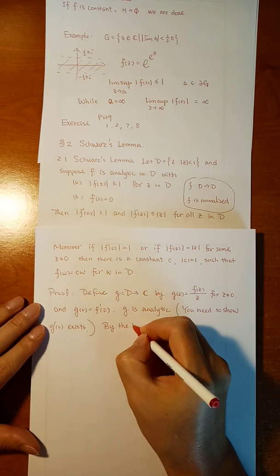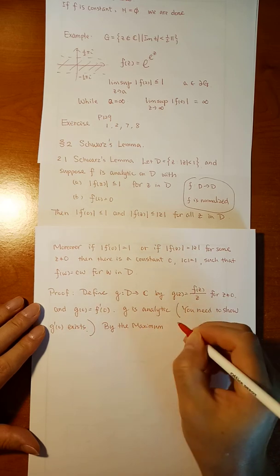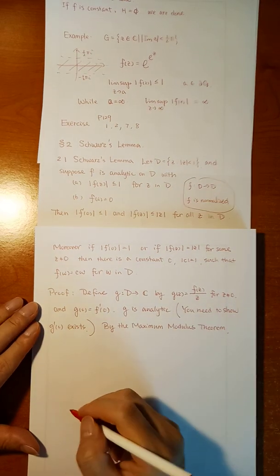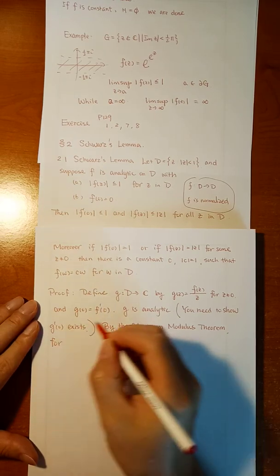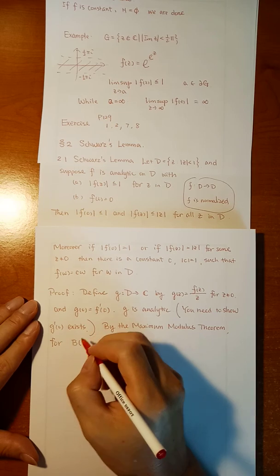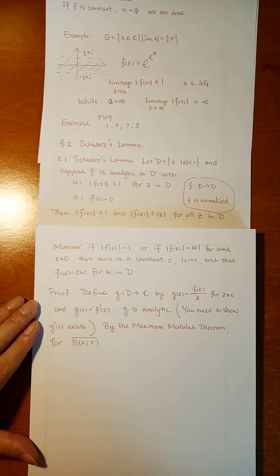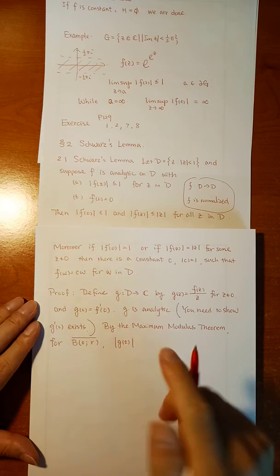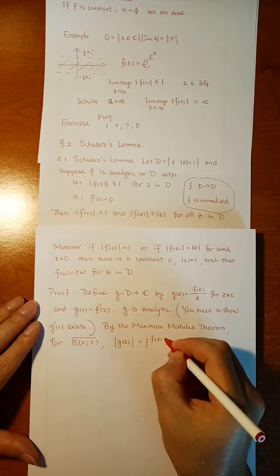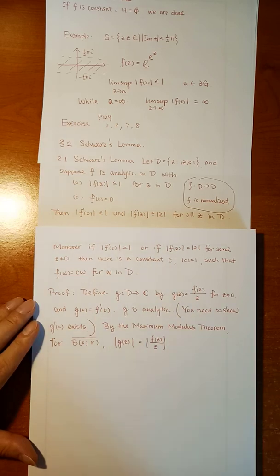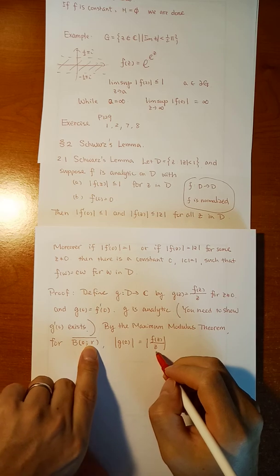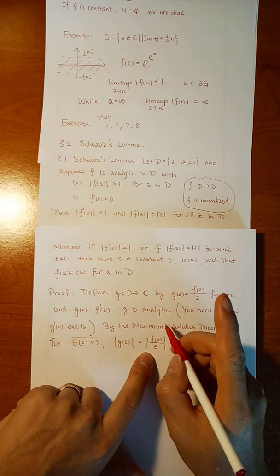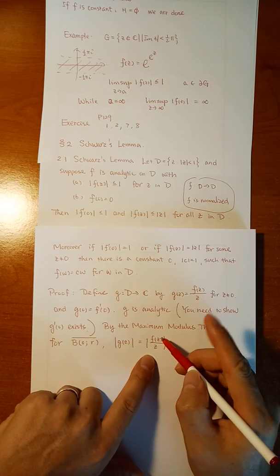By the maximum modulus theorem for the closed disk of radius R, g of z, and remember, z is at most R. f is at most 1. f maps D to D, so f of z has modulus at most 1.